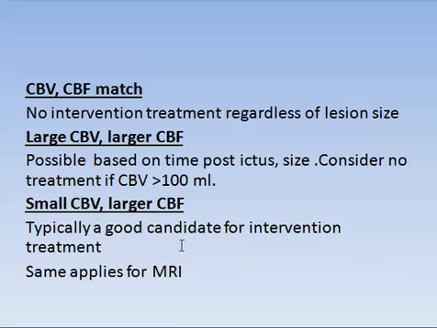Typically, this is a good candidate for intervention. And the same applies for MRI. Both the same, no penumbra, no intervention. Very large volume, very large flow, this needs some discussion. Small volume and large flow indicates intervention.